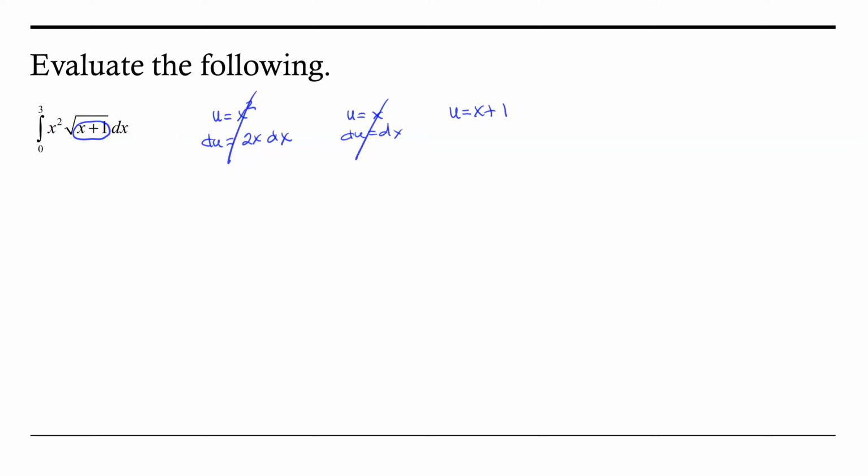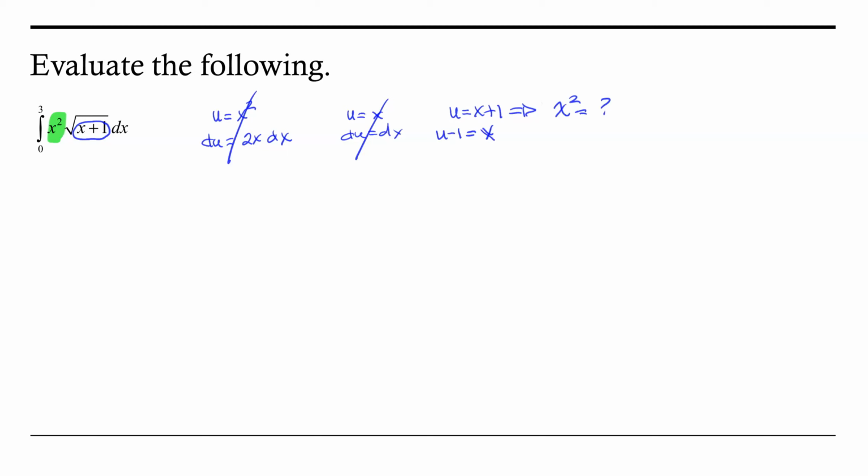Well, then you might be wondering, well, okay, fine, but what about the x squared? Well, let's see. If u is equal to x plus 1, what does that mean about x squared? Well, if u is equal to x plus 1, then u minus 1 is equal to x.